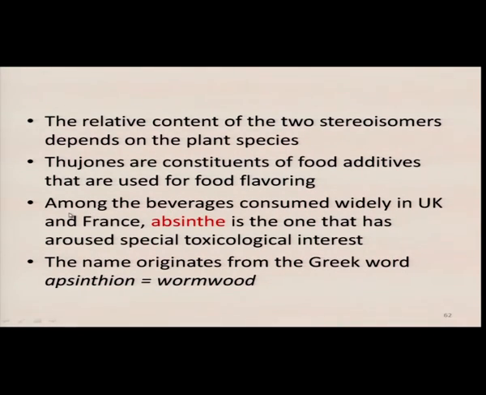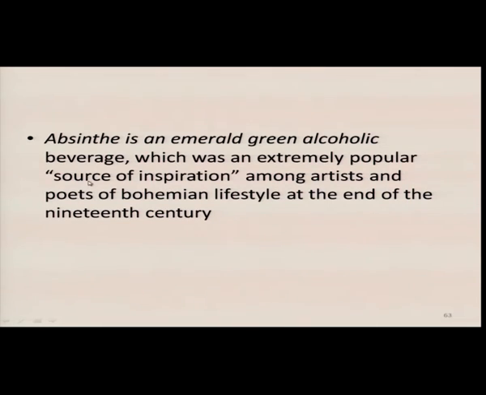If you trace the history, among the beverages consumed widely in the UK and France, absinthe is the one that has aroused specific toxicological interest. The name originates from the Greek word absinthion, which means wormwood, and it is an emerald green alcoholic beverage, an extremely popular source of inspiration, especially for poets and artists of the bohemian lifestyle.